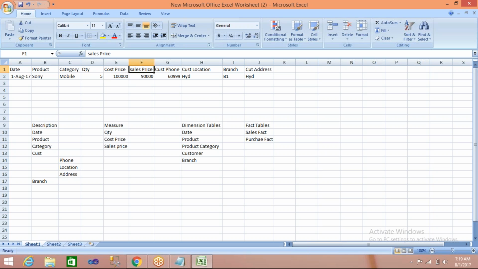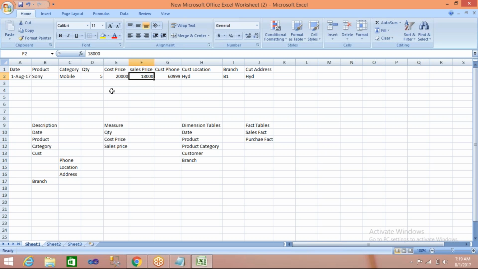Let us say, what is the total amount? If we are talking about total amount, then we need to say quantity into sales price. Let us say the individual cost price is 20,000 and the sales price is around 18,000, which is for a single quantity.